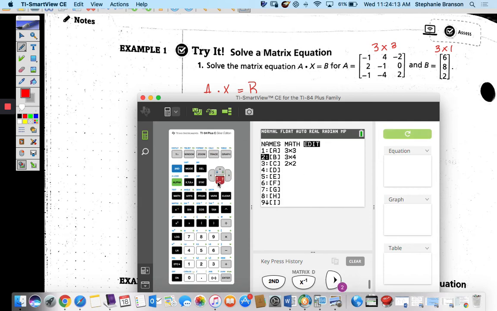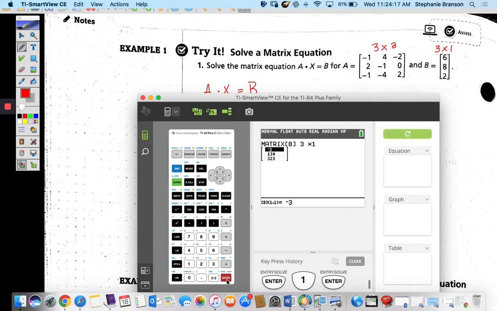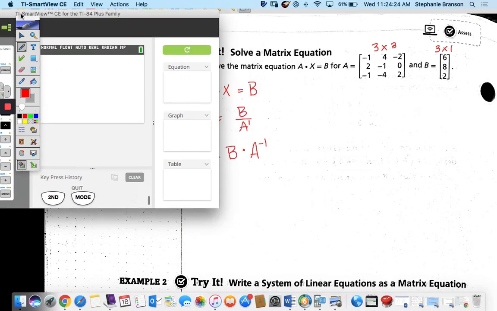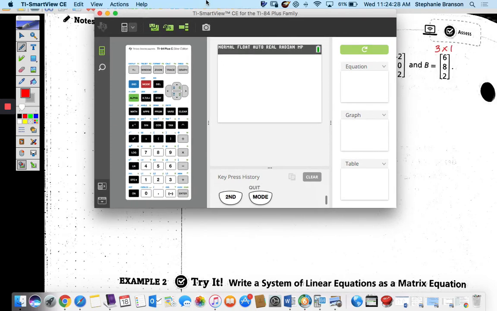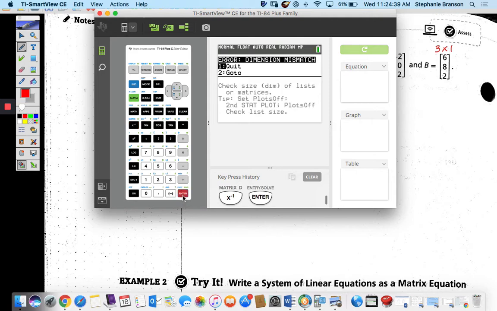I'll edit matrix B. And if you try to put it in your calculator just as I have it written here, matrix B times the inverse of matrix A, we get an error message, don't we?